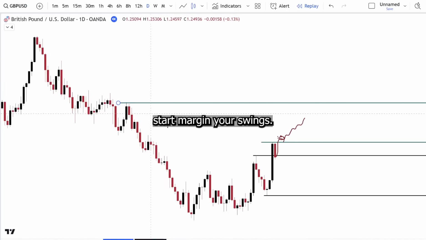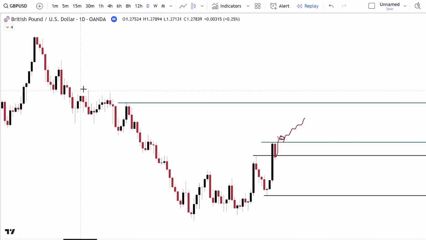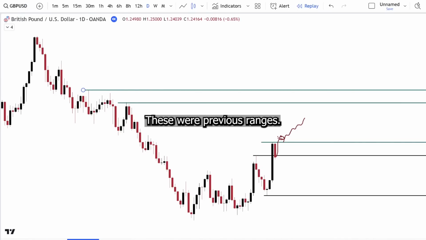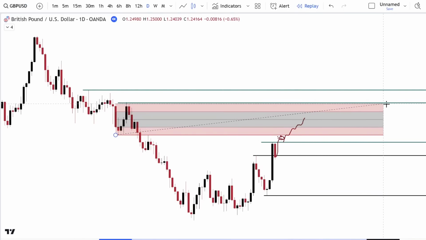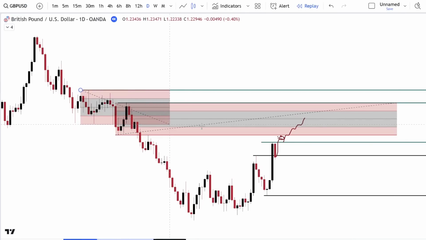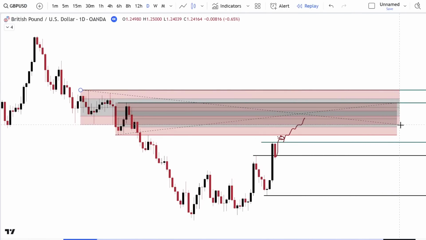Start marking your swings. These were previous ranges. If you look at all these previous ranges, you look at the extreme right here. You look at the extreme of this range and you look at the extreme of this range. So once you do that, you mark up your extreme.